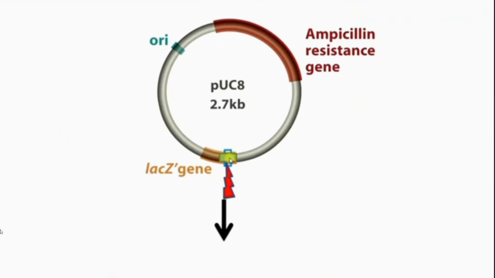When we insert a gene of interest using the EcoRI restriction enzyme, the lacZ gene is no more functional. This is called insertional inactivation. After insertional inactivation, particular bacteria cannot synthesize beta galactosidase, and we use this difference to select favorable colonies.